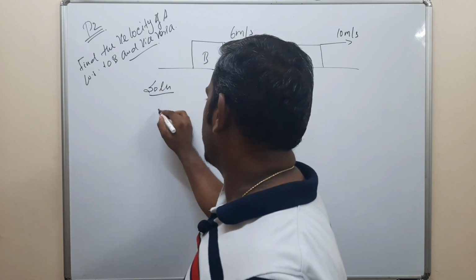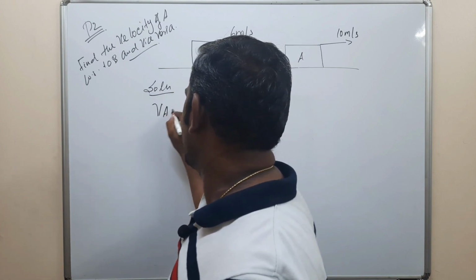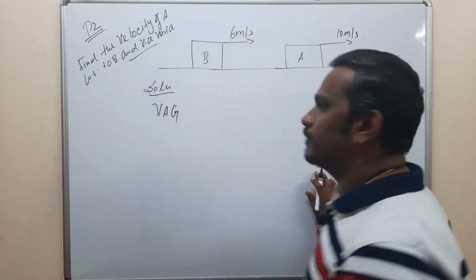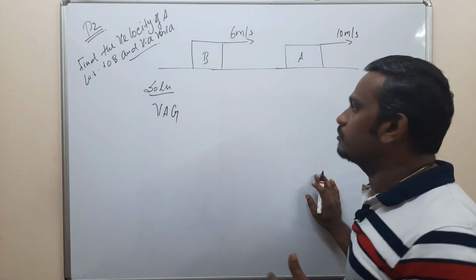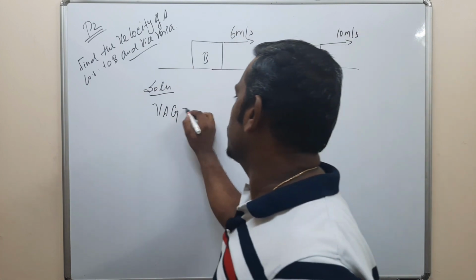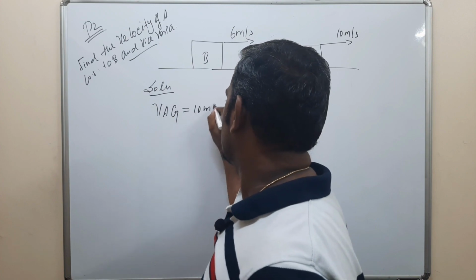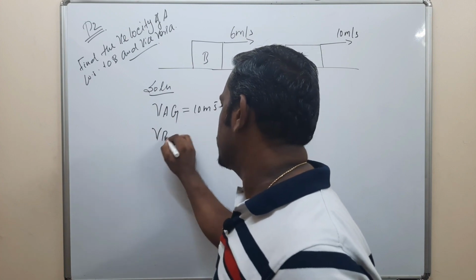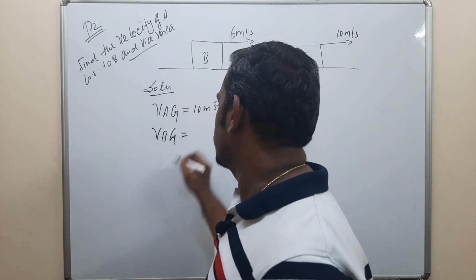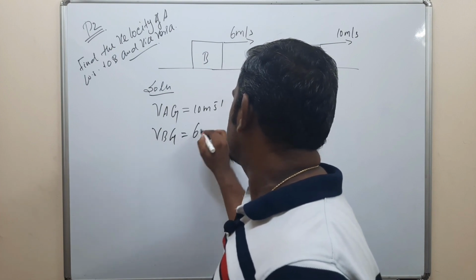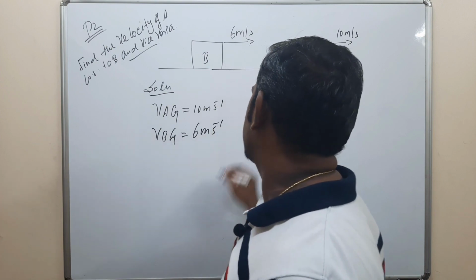So from the diagram we can write the velocity of A with respect to ground. When the car is observed from the ground, it is moving with 10 meter per second. Velocity of B with respect to ground is equal to 6 meter per second.